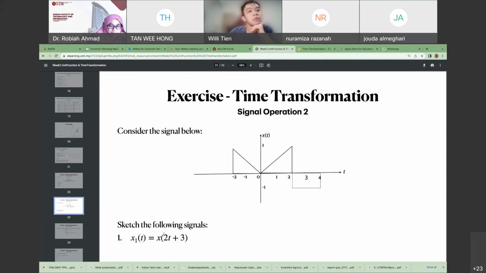So it has scaling and also shift for the signals.